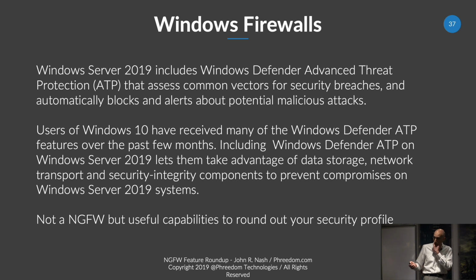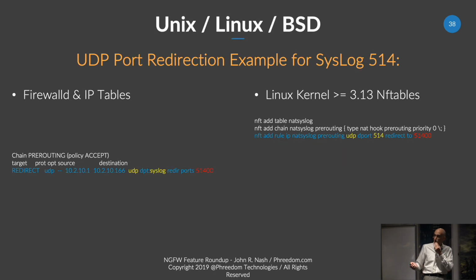You can get a little technical here. Recently we were doing some syslogging for some of our clients using a Linux server. We wanted to run syslog, and we were testing it, running Logstash and listening on port 514, which is syslog.